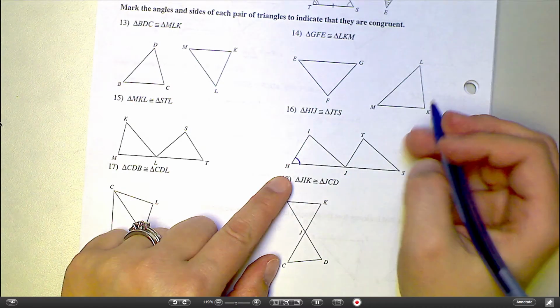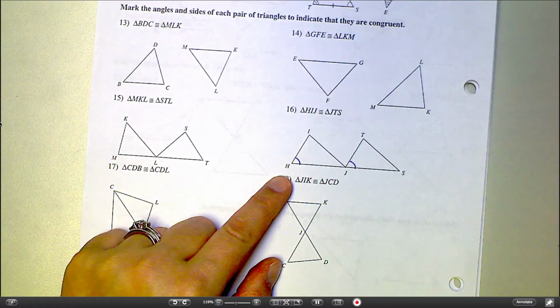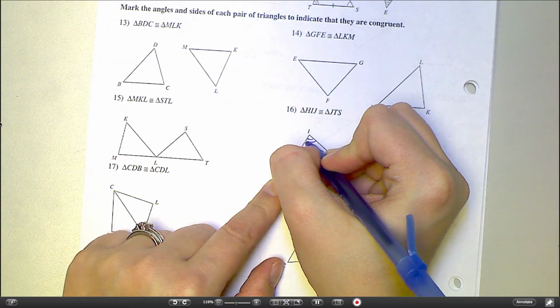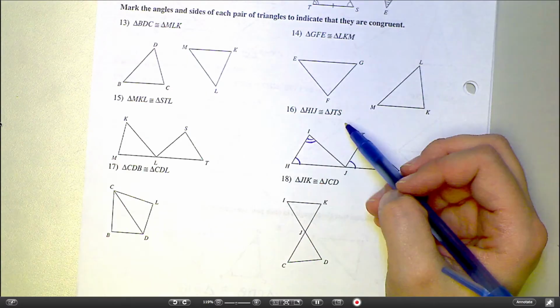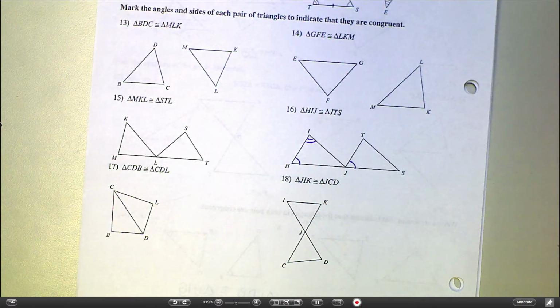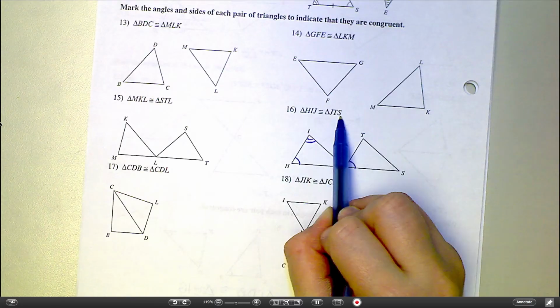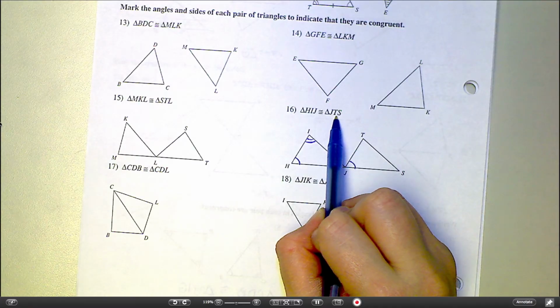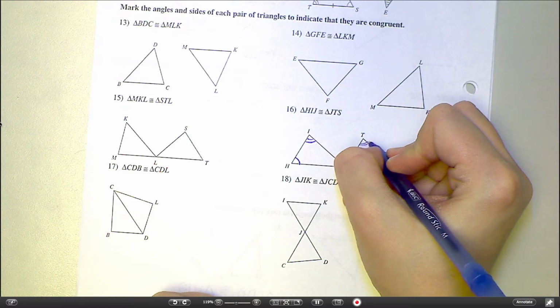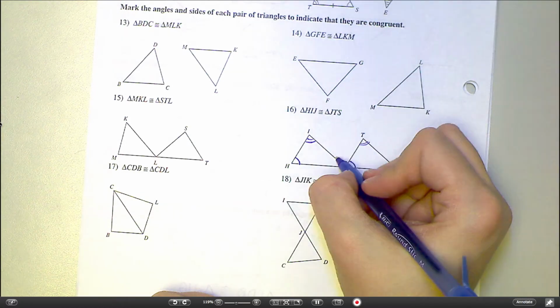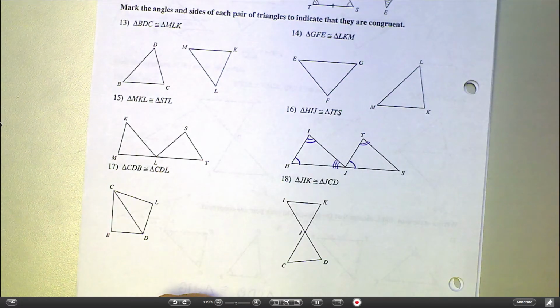So angle H would go with angle J. Then I'm going to mark angle I with 2 arcs. I goes with which one over here? Nicole, what do you think? Angle I would go with angle I goes with T. And J goes with, Ryan, which one would J go with?